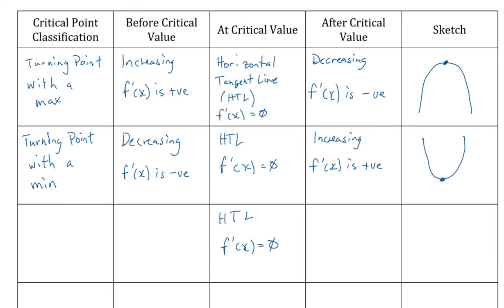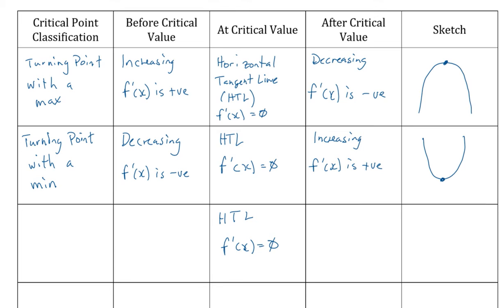Okay, so how could you have a horizontal tangent line where it's not increasing before and decreasing after, or decreasing before and increasing after? Okay, those ones are already done. If we have that, we're in one of those two types of critical points. We're a turning point with a max or with a min. So what could be happening?